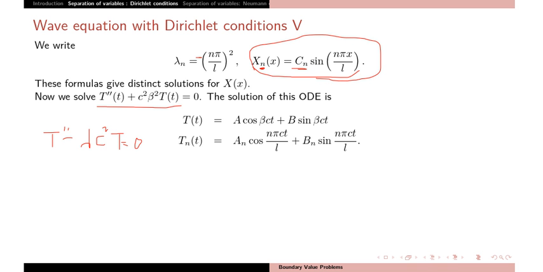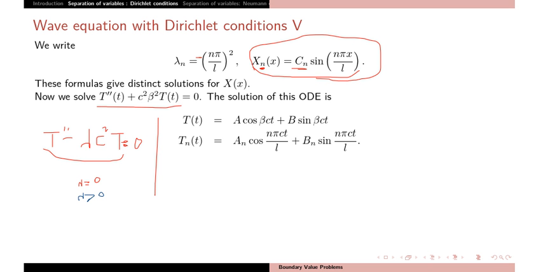I have already discussed two cases for trivial solution. When lambda is 0, you get a trivial solution, so lambda is 0, so u is also 0. Secondly, when lambda is positive, again a trivial solution. So no need to discuss those two cases.